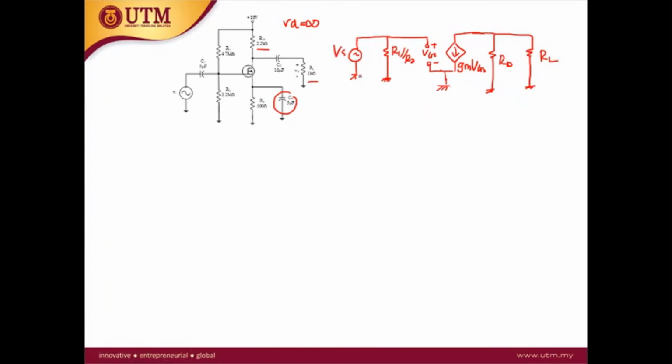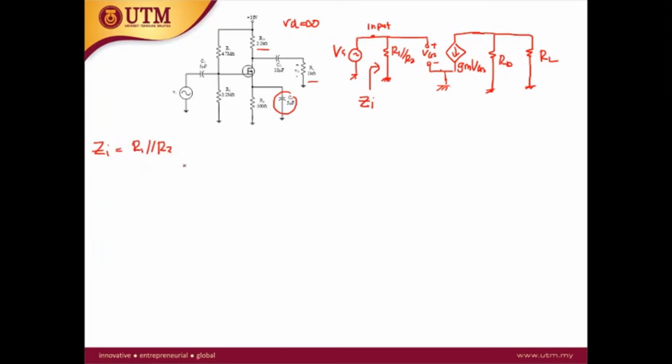From this AC equivalent circuit, you can calculate the input impedance. Input impedance is seen from the input port, which is R1 parallel with R2.